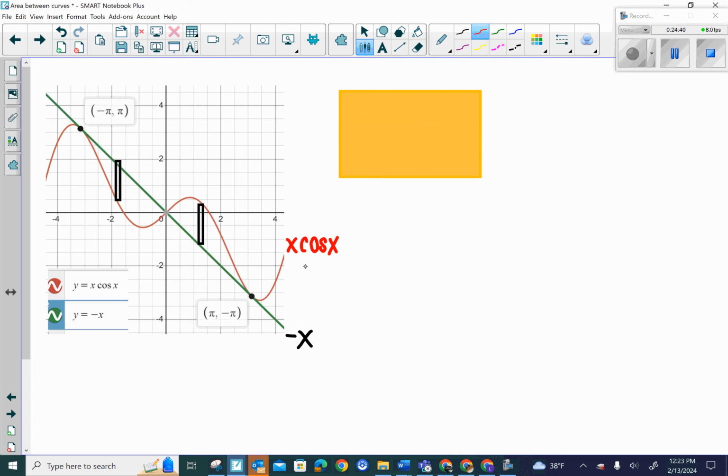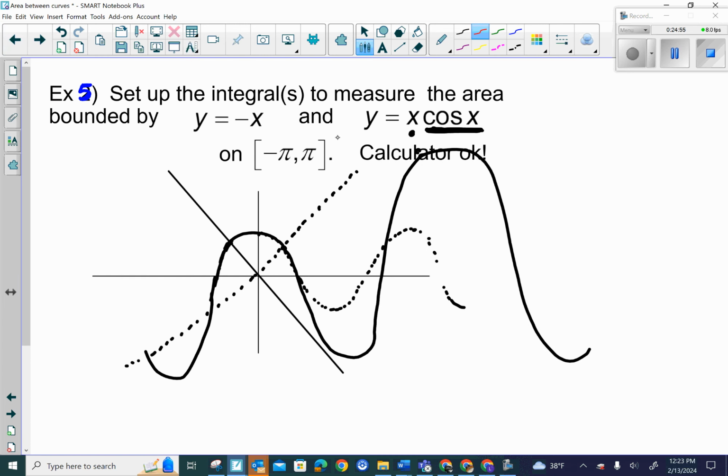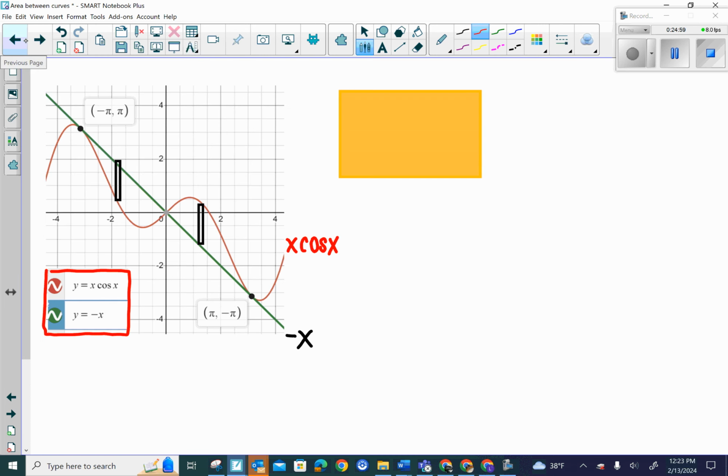I've drawn 2 rectangles, and you can just set up the integrals. I was given the interval that we want, negative pi to pi. So I'm going from negative pi to pi this direction, which happen to be the intersection points there also.